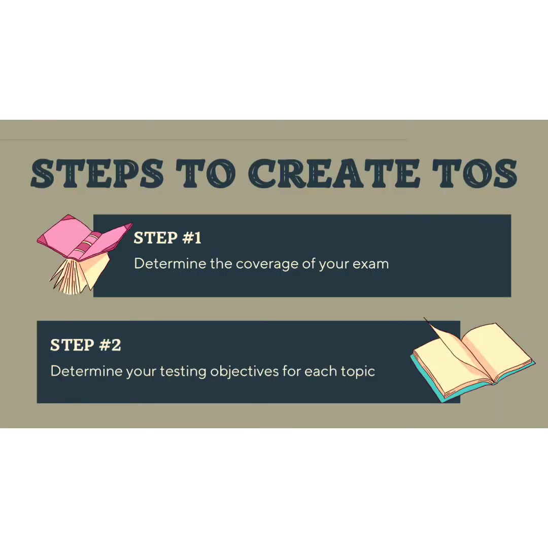So for each content area that you wish to test, you will have to determine how you will test each area. Will you test simply the recall of knowledge, or will you be testing their comprehension of the matter? Or perhaps you will be challenging them to analyze and compare and contrast something. Again, this would depend on your instructional objectives in the classroom.